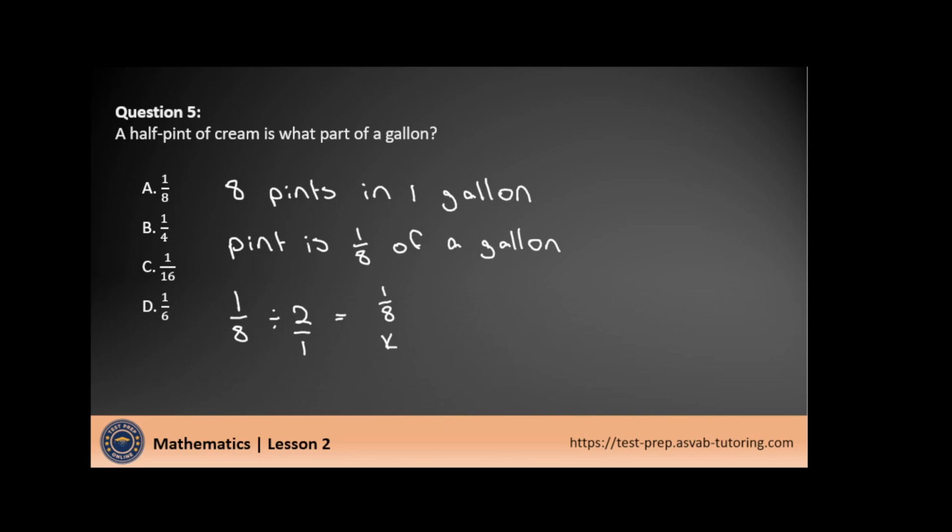We change the division to multiplication, and we flip the second fraction so that 2/1 becomes 1/2. Fraction multiplication, super easy, just go from left to right. 1 times 1 is 1, 8 times 2 is 16. So a half pint of ice cream is 1/16 of a gallon.